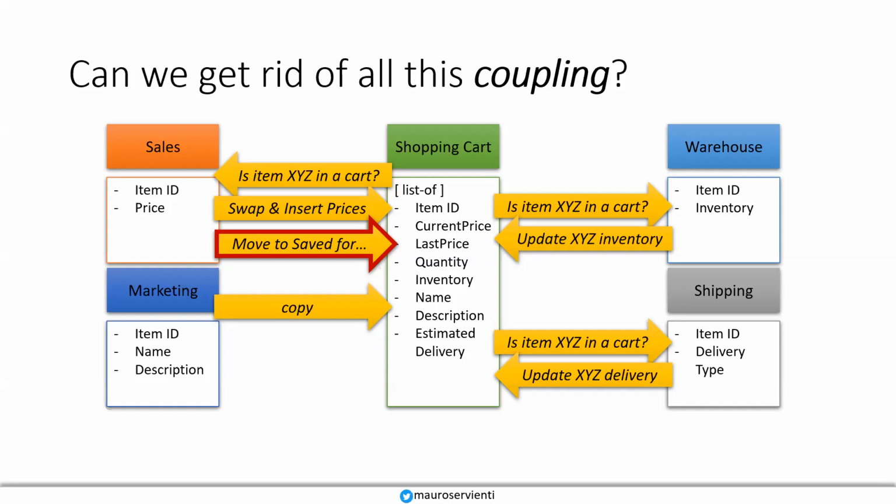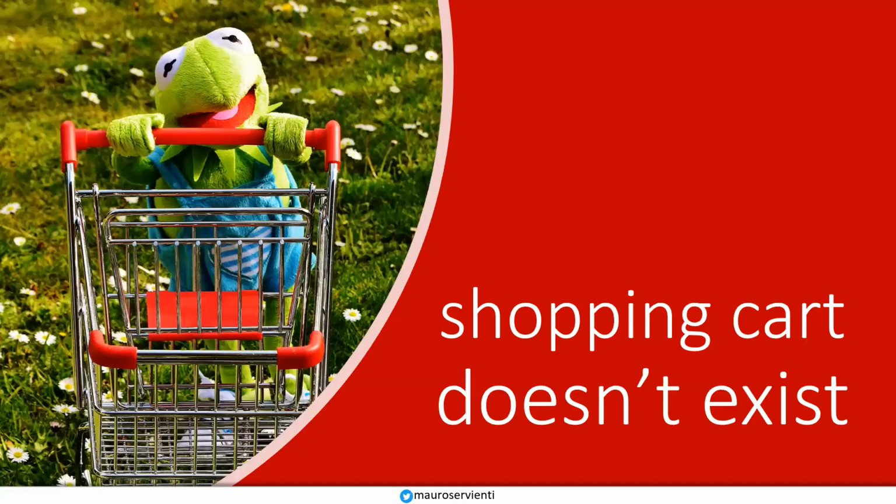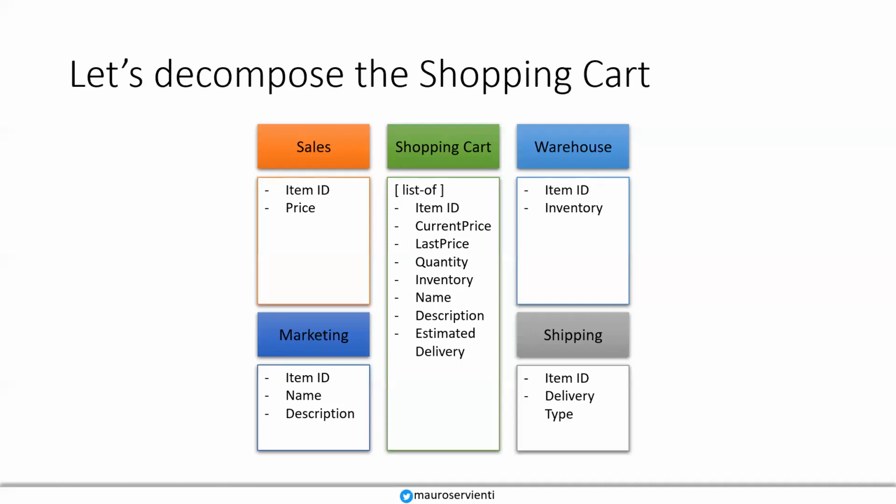The reality of the thing is that if we stop for a second and go back to the drawing board, we might realize that the shopping cart doesn't exist. So we can do something that we can call decomposition or model decomposition, and try to say, do we really need a shopping cart in this picture? Or can we decompose the shopping cart and do something like this?